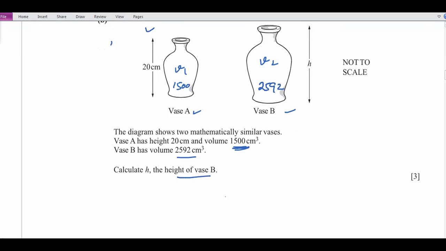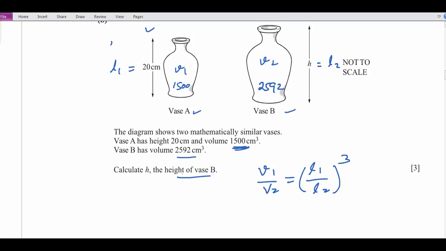So volume, remember the ratio of the volume. What is the formula for the ratio of the volume? It is V1 over V2 equal to the ratio of heights, for example say this is L1, this is L2, so it will be L1 over L2 cubed.